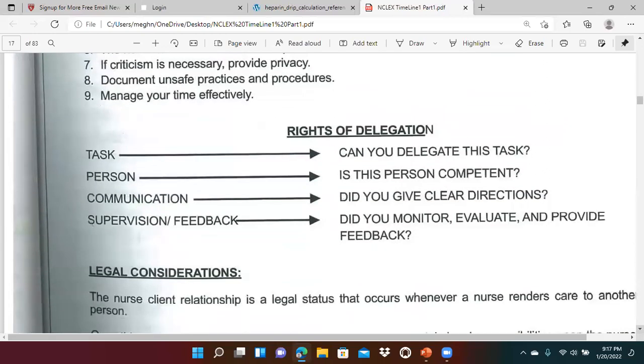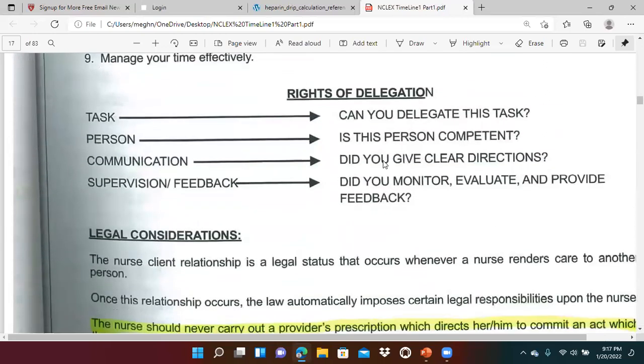Here we are going to figure out what are the rights of delegation. What you have to think about when you delegate to other staff for the patient. First of all, task, person, communication, and supervision and feedback. Task means, can you delegate this task?